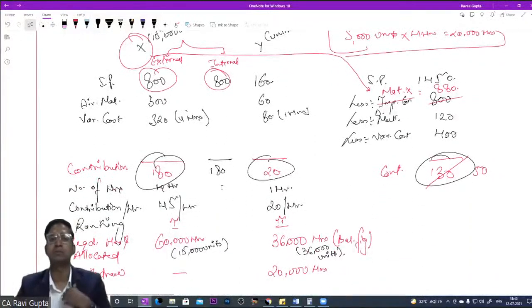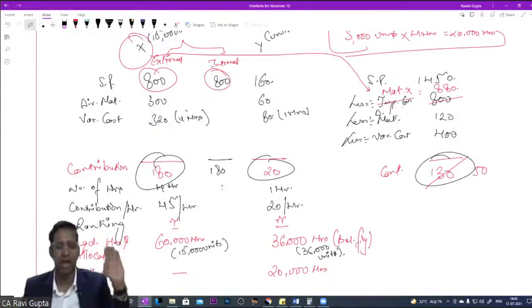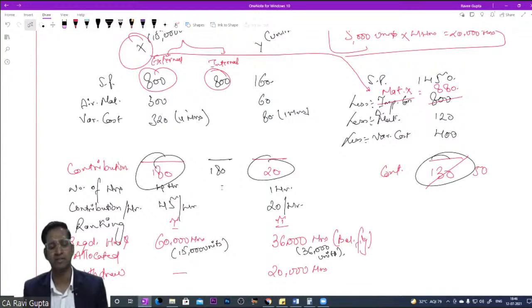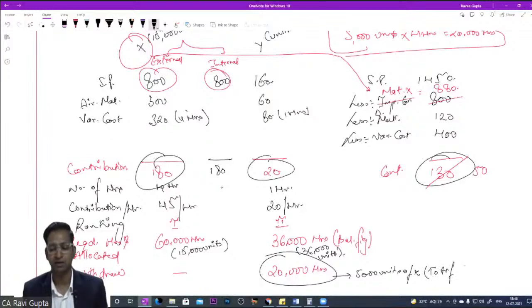Product X yields higher contribution, so we are not going to sacrifice our external demand for X. Product Y is not yielding as much in comparison to product X, so we can sacrifice the hours or the units of demand for product Y. So we are sacrificing 20,000 hours. These 20,000 hours will be used to produce 5,000 units of X to transfer to division B.